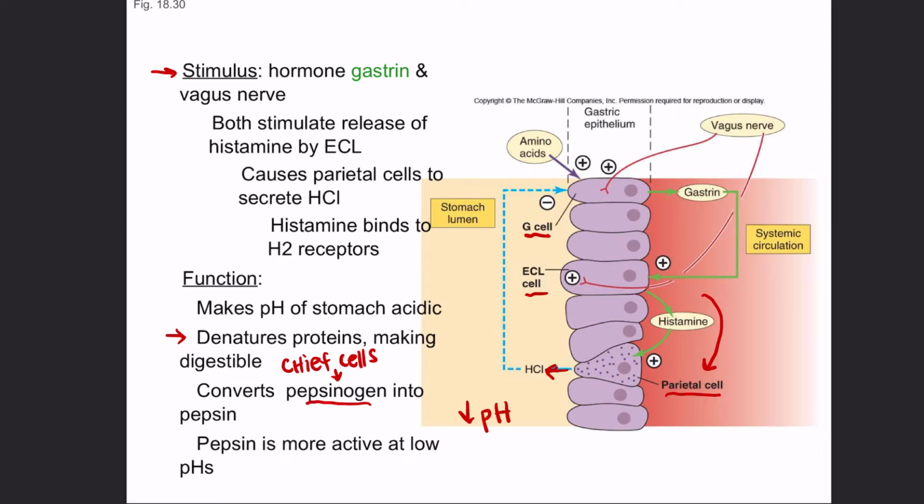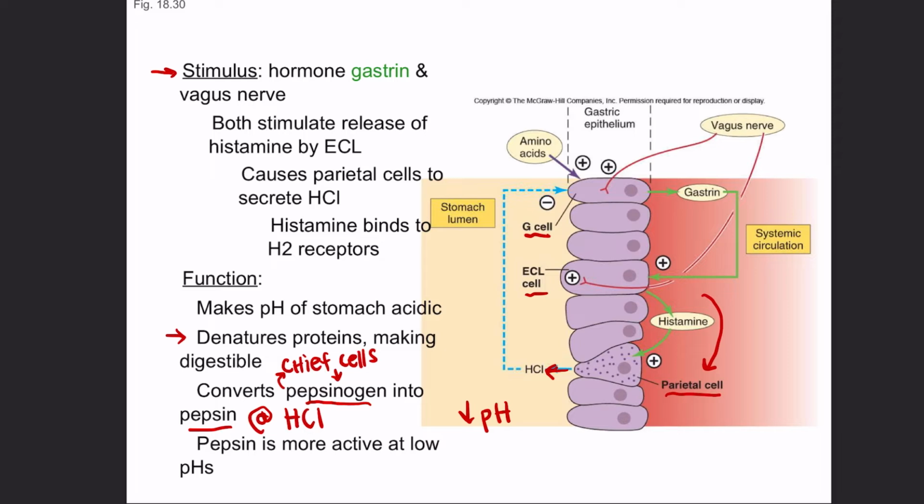And you wouldn't want it to be active when it's inside the cell, or else it can degrade the inside of the cell. And so it converts into pepsin when it comes into contact with HCl.